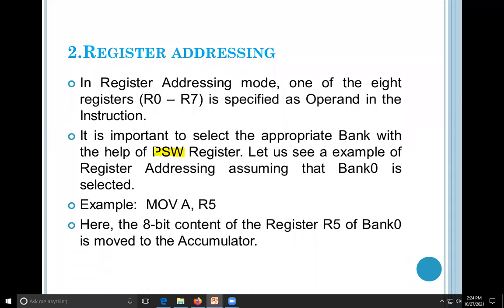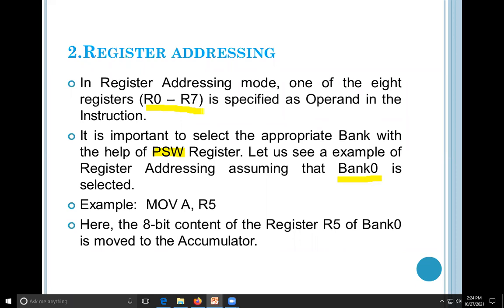If you do not give any selection of the bank, by default bank 0 is selected. In that bank there are 8 registers, R0 to R7, and each register stores 8-bit data. You can transfer the data from a register to the accumulator.